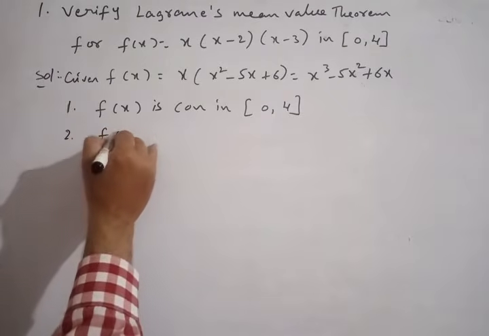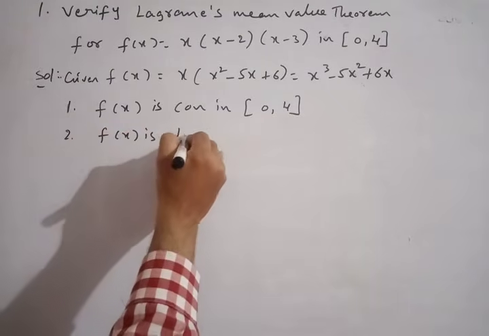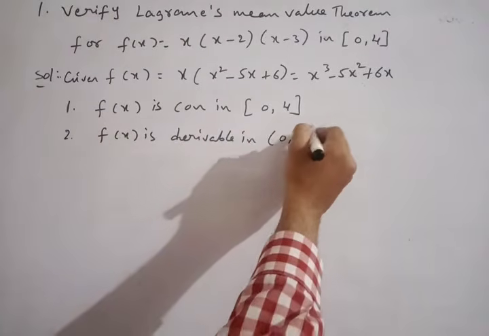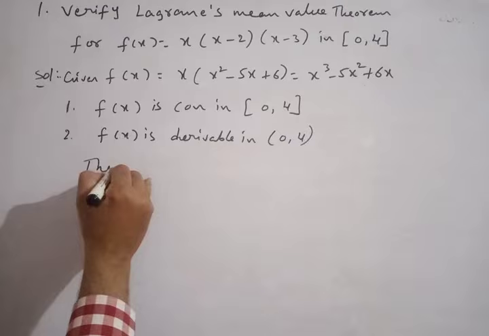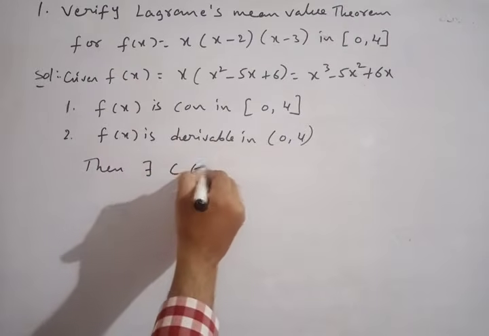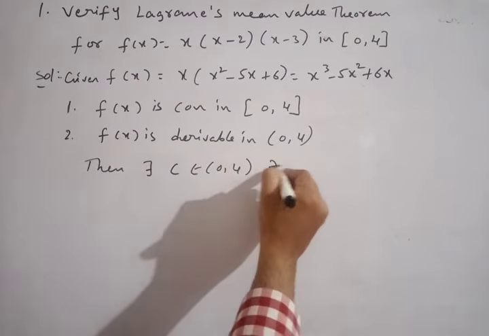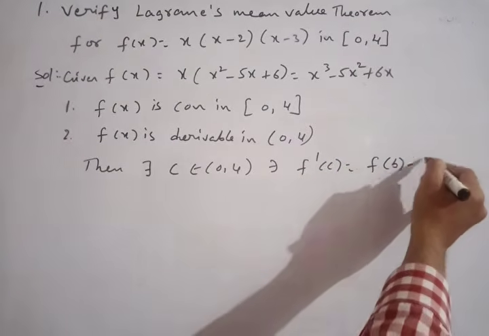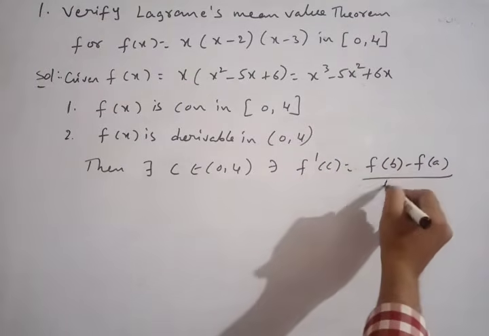Second point, f(x) is derivable in the open interval (0, 4). Then there exists c belonging to (0, 4) such that f'(c) = (f(b) - f(a))/(b - a).